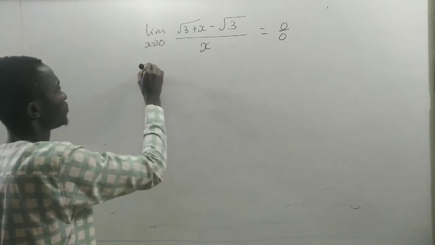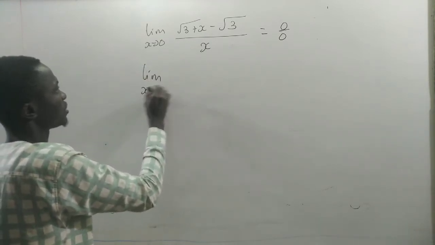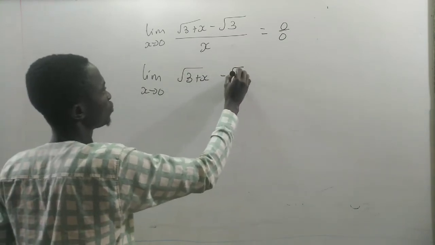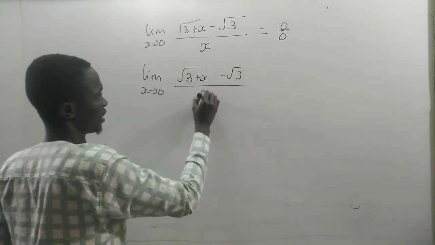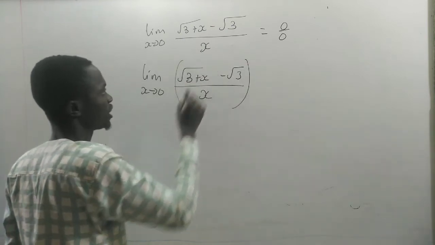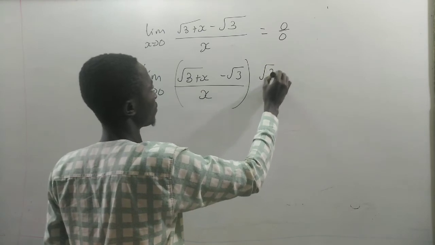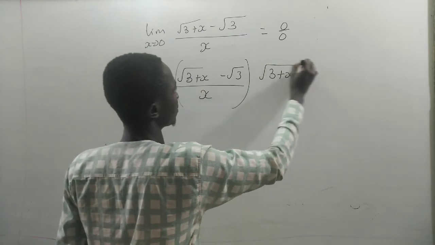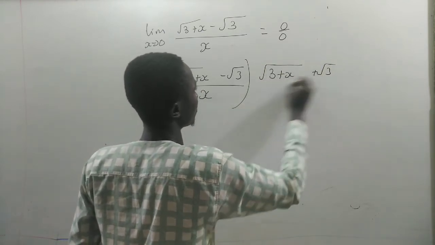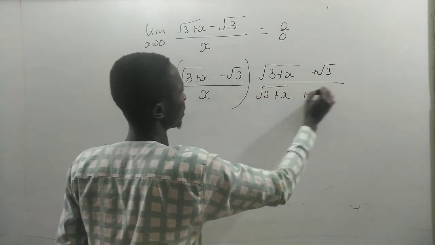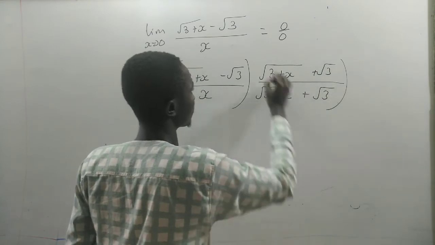So here we take the limit as x approaches 0 of square root of 3 plus x minus square root of 3, divided by x, times the conjugate of the numerator, that is square root of 3 plus x plus root 3, divided by square root of 3 plus x plus root 3.